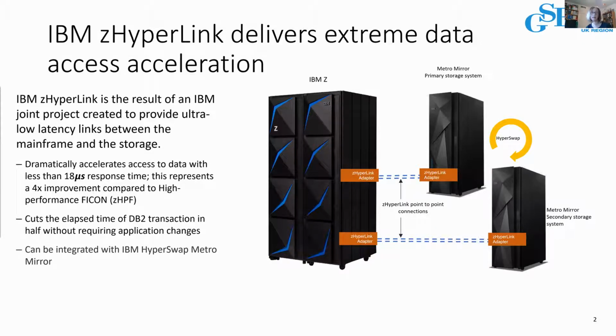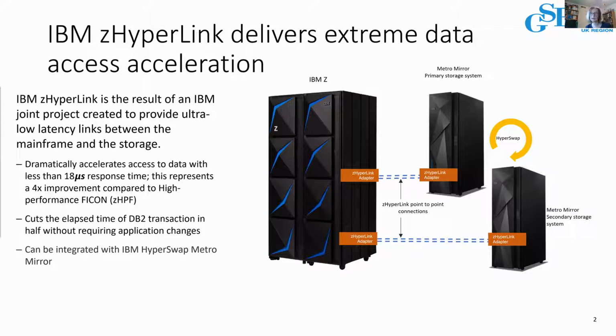And with the power boundary with P9 and the DS8950, we get a 4x improvement with zHyperlink over High Performance FICON. So despite the great benefits on a power boundary, with our performance, you are still looking at the technology and the ground-up redesign of this transaction as providing the lowest latency in the market today.